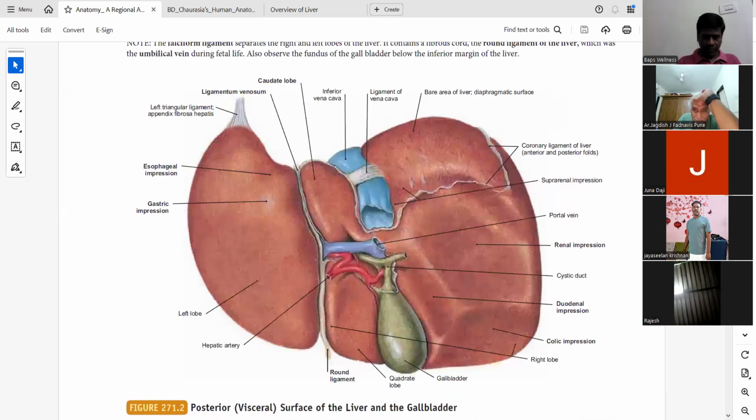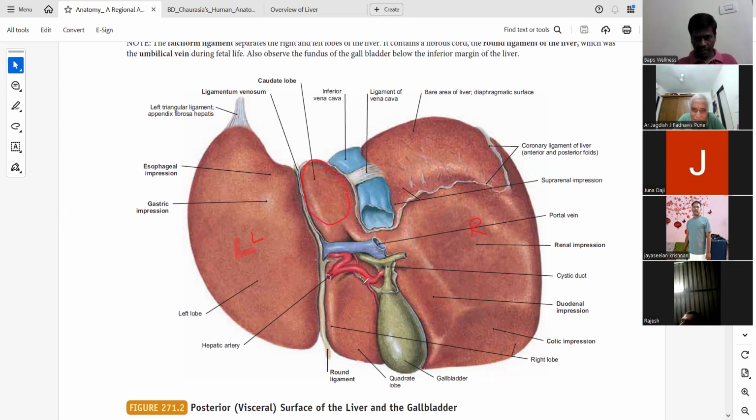This is the inside view, so that you can see all the four lobes. This is the left lobe. This is the right lobe. And this is the caudate one.